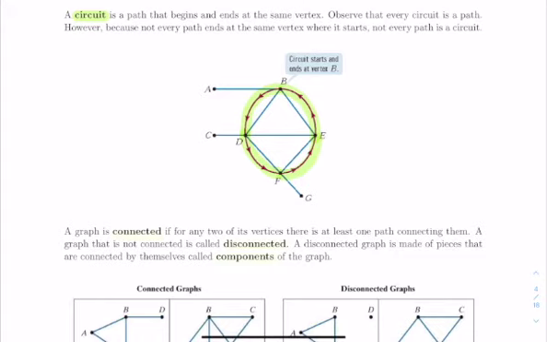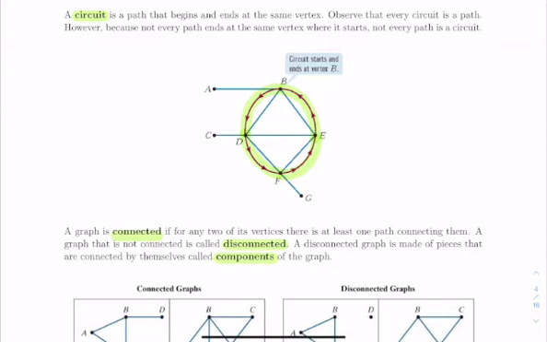A graph is connected if for any two of its vertices there is at least one path connecting them. A graph that is not connected is called disconnected. A disconnected graph is made of pieces that are connected by themselves, called components of the graph.